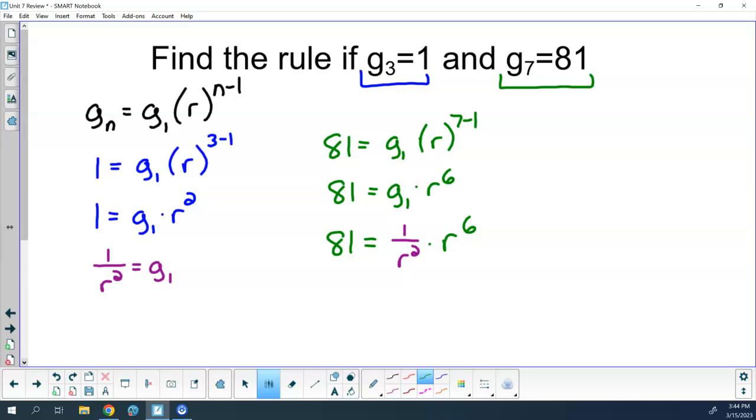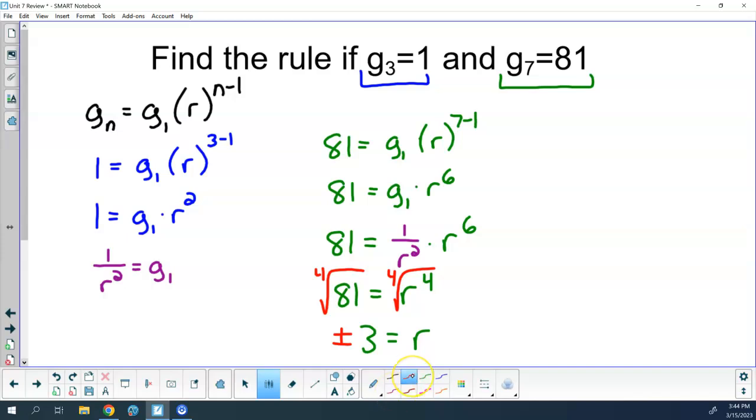Six r's on top divided by 2 r's gives me 4 r's left over. So 81 is r to the 4th. And then when I take the 4th root, one, I get plus or minus because I'm taking the 4th root, and two, the exponents go away. So I have an r value of 3, and I have an r value of negative 3.